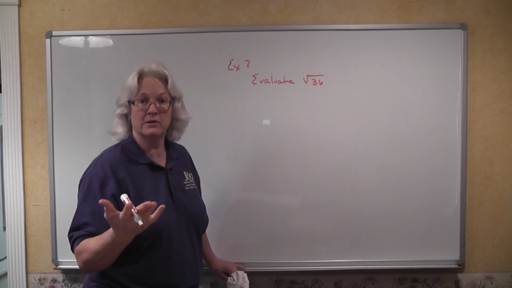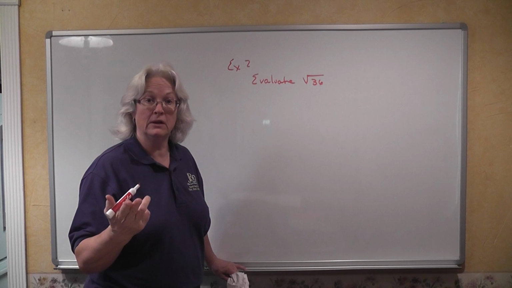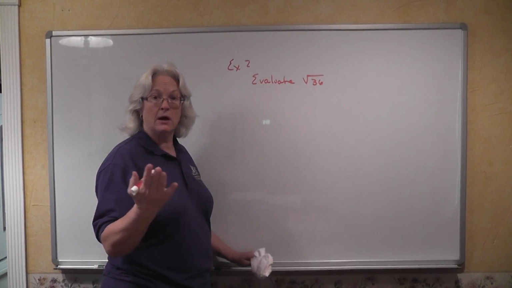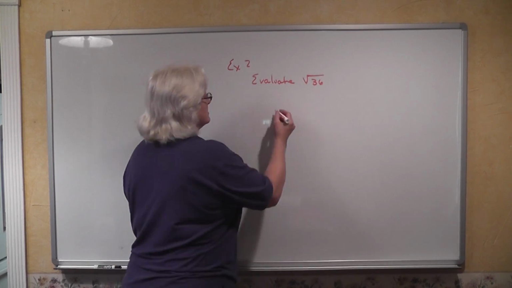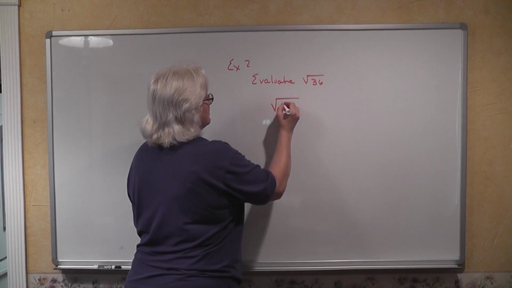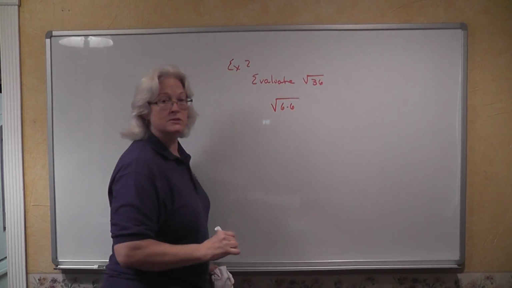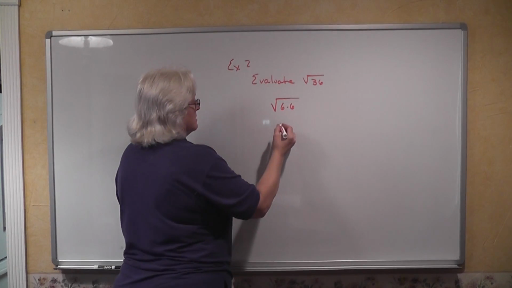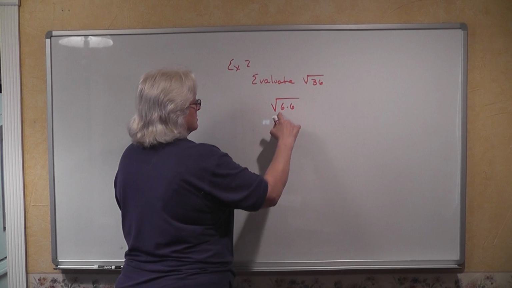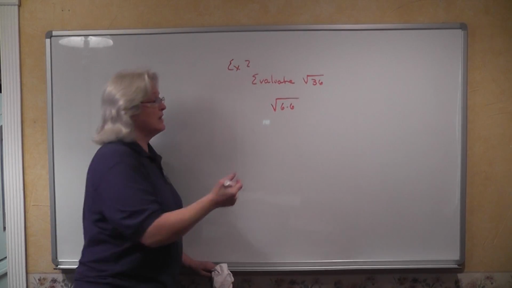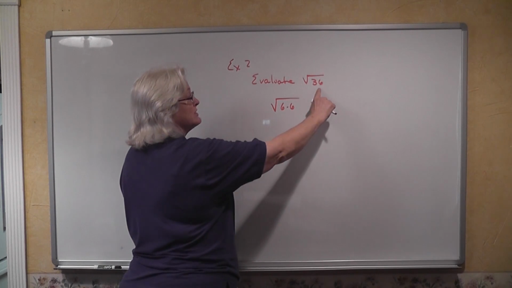You could say 1 times 36, 2 times 18, 3 times 12, 4 times 9, or you could say that the square root of 36 was 6 times 6, 2 factors that when you multiply them together, you get 36.